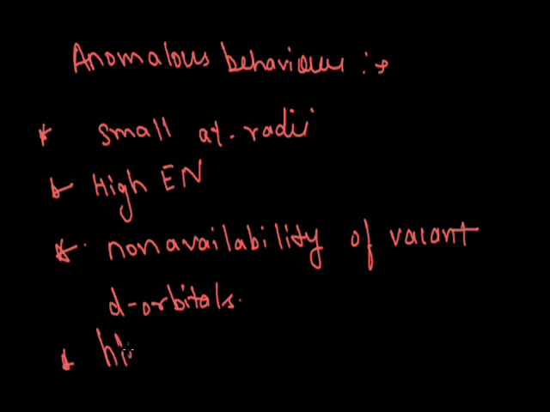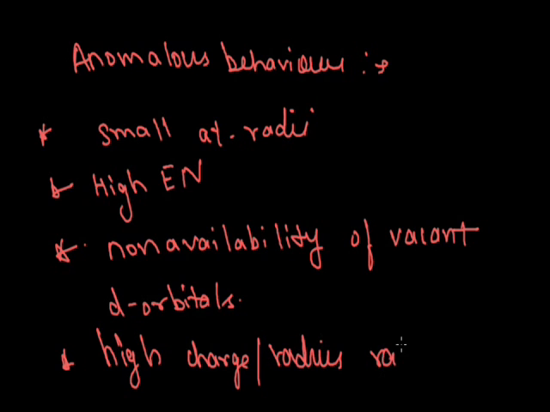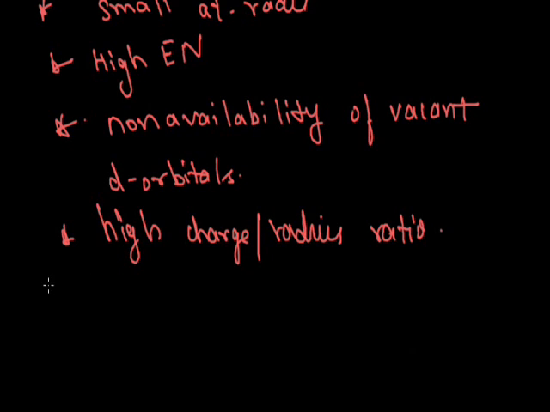Second is high charge to radius ratio. Also, their property varies. One more reason behind it is the tendency of carbon, nitrogen, and oxygen to form multiple bonds. So this is also one of the reasons.